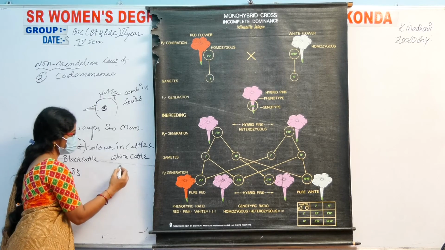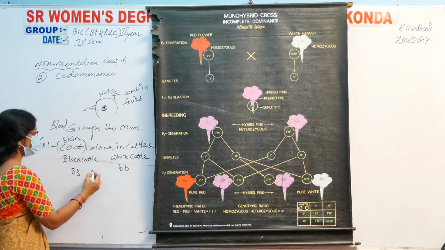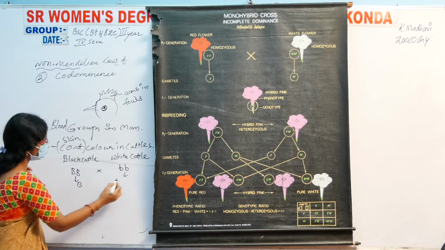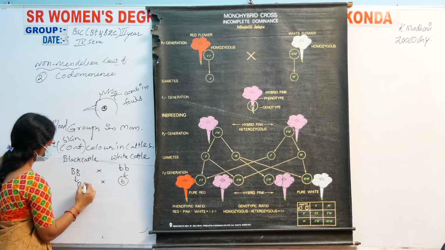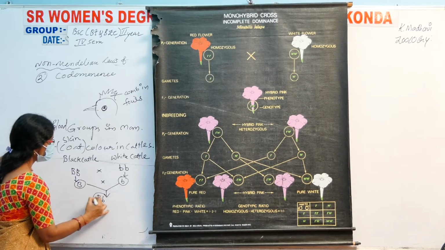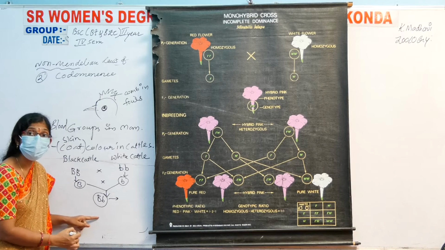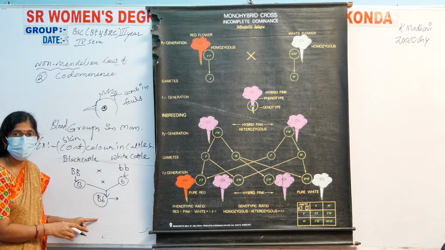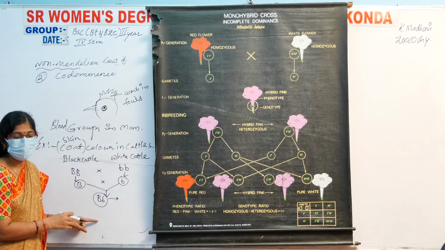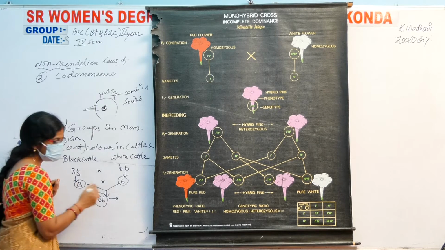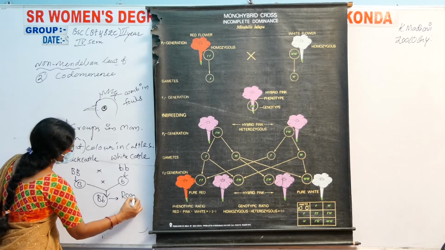The gametes are produced from capital B and small b. Both are fused to give a hybrid, and the hybrid structure is different. That is splashed white and black, that means a roan color.